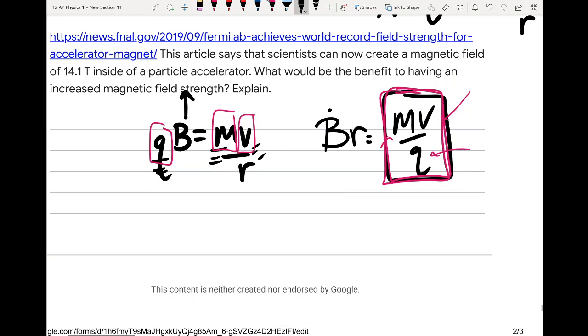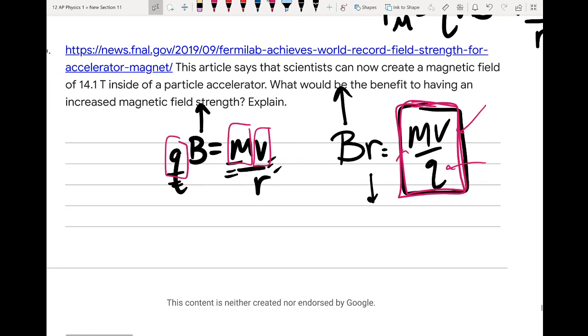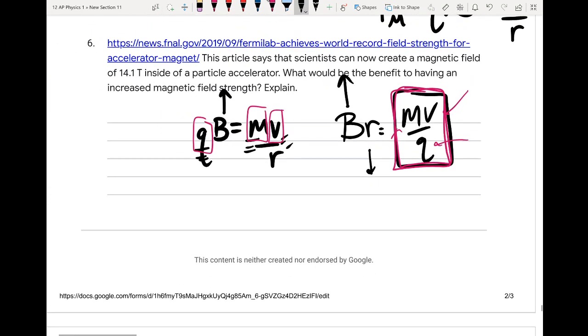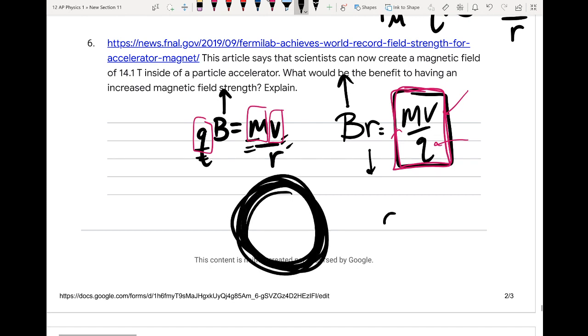So if we're able to get the magnetic field really high, that means our radius can be a lot lower. If we can have a larger magnetic field, we can have a smaller radius. And that's helpful because if we're thinking about cost and construction, it's going to be a lot cheaper to construct something like this rather than something like this.